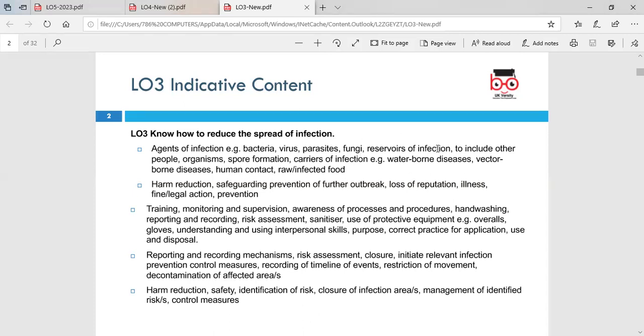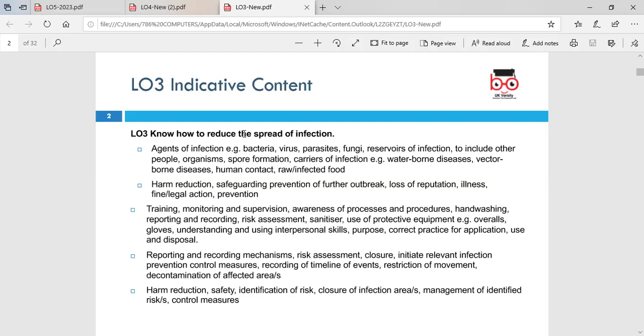There are reservoirs of infection. So what do I mean by reservoir? Anyone? What does a reservoir mean? Okay. So a reservoir is where infectious agents breed and develop.